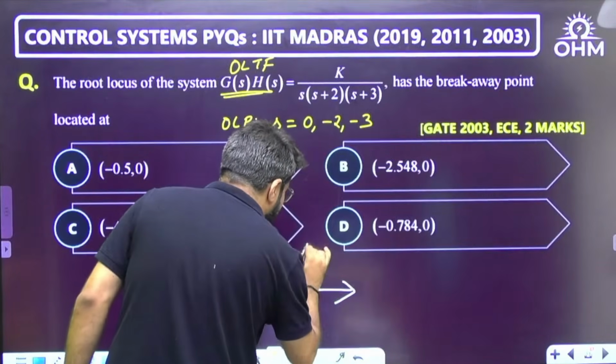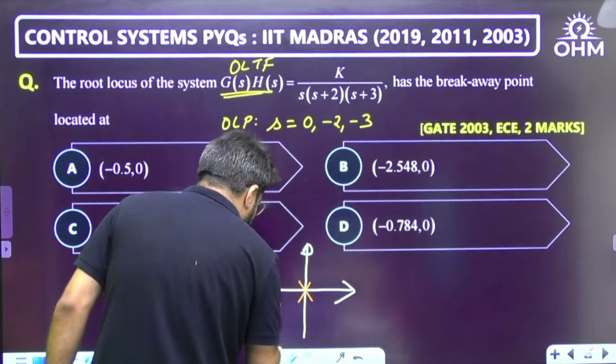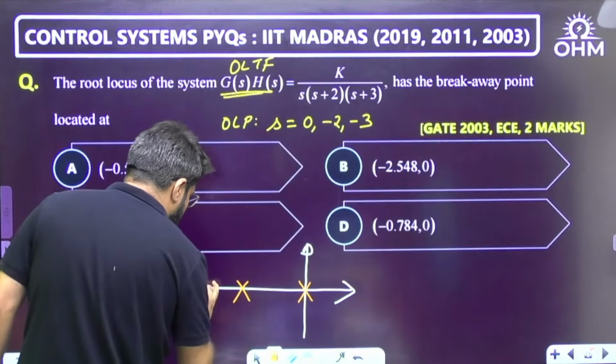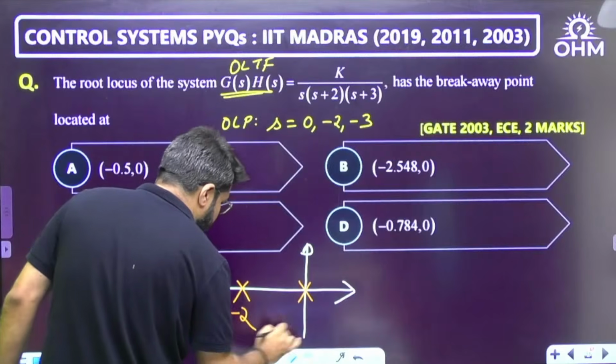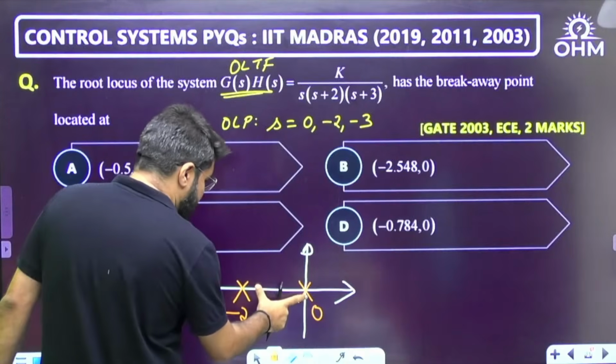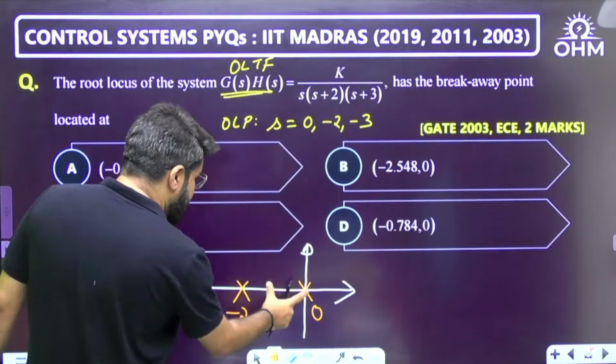Whatever the breakaway point is, you should first know that it will always be between two open loop poles, on the real axis: between 0 and minus 2, or between minus 2 and minus 3.